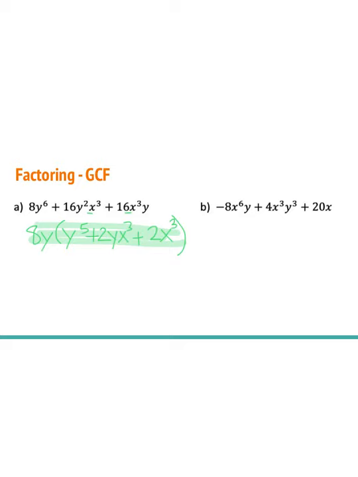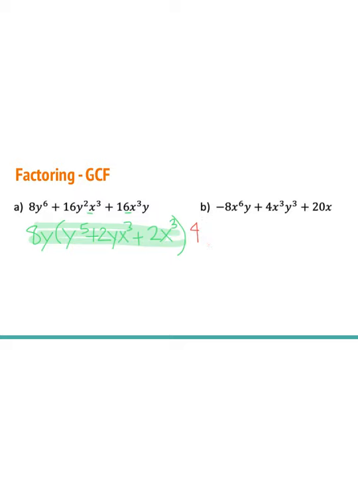All right, we're going to do the same thing on the next problem here. Now we want to look at our numbers again. We have -8, 4, and 20. So I know that I can factor a 4 out of each of these terms. Actually, before I put my 4 on the outside, I should check if I can factor out any variables.